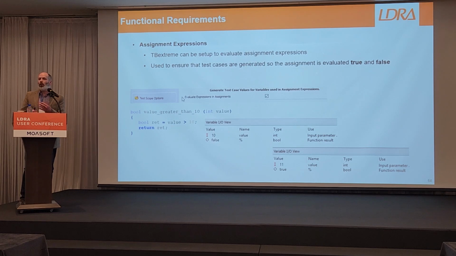So you don't have to be looking at those expressions and going, okay, is value greater than 10? Well, let's put in 10 to get one aspect of the true-false value, and let's put in 11 to get the other. The tool will do that for you automatically as part of your robustness and stress tests that TB Extreme can create for you. And we'll also do those for return values as well.